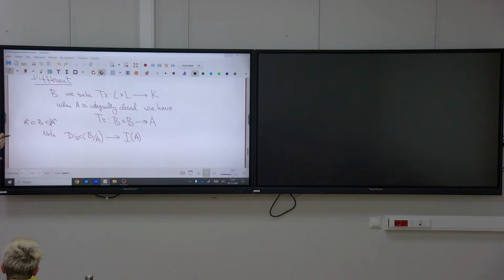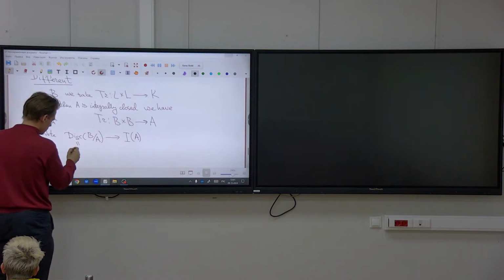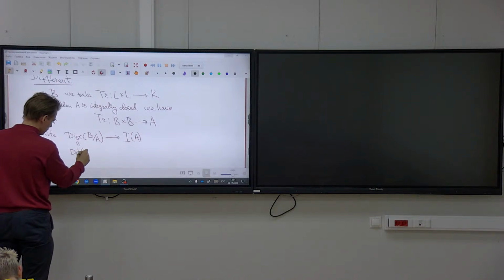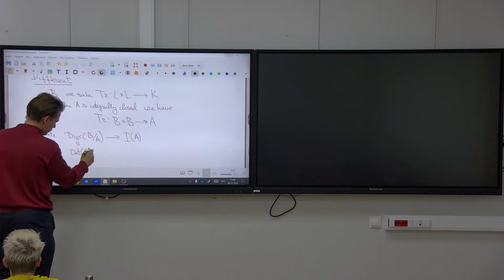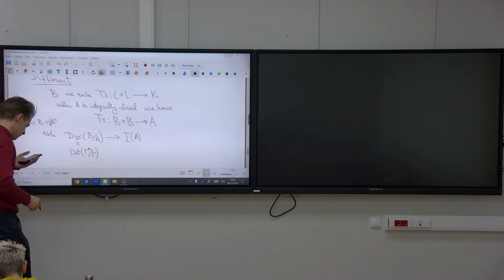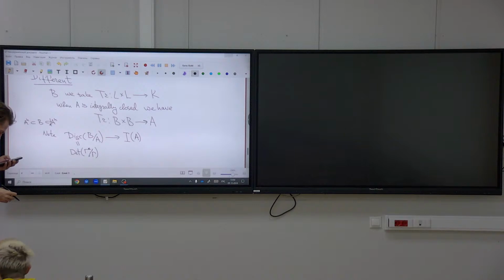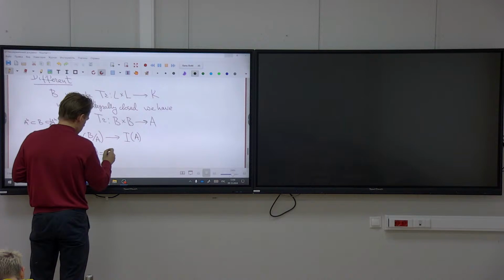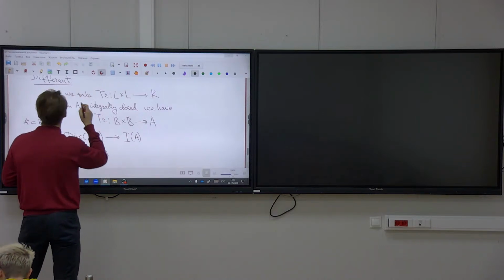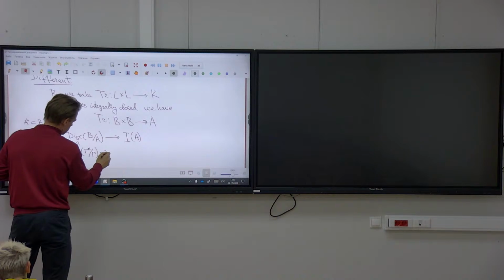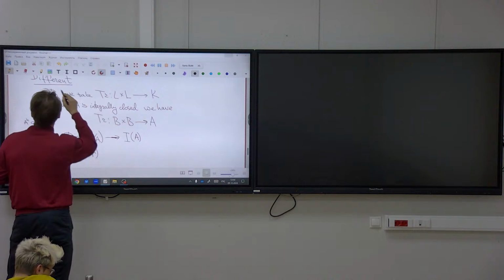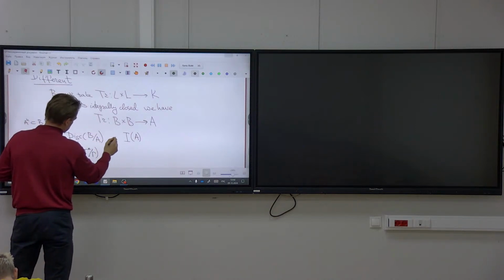Discriminant, yes, it is defined as the determinant of gamma star over gamma, up to the sign. So the discriminant is an element of fractional ideals.